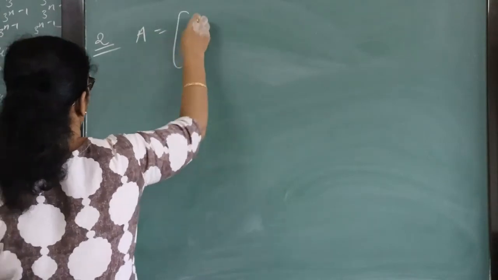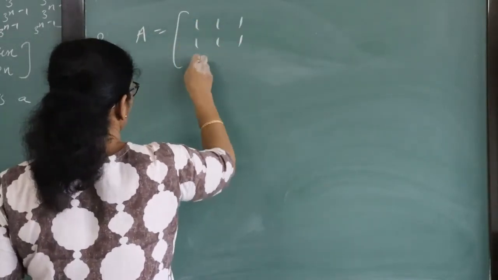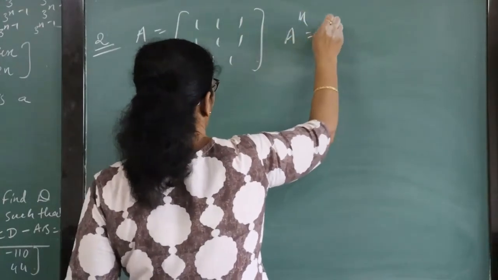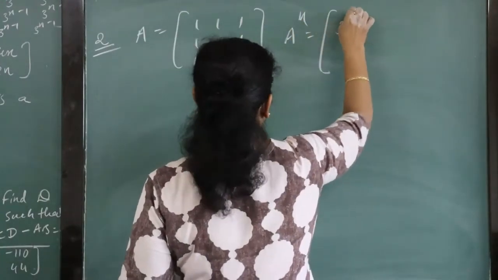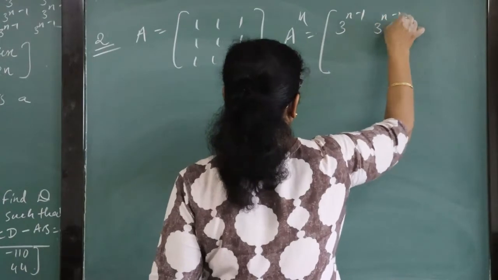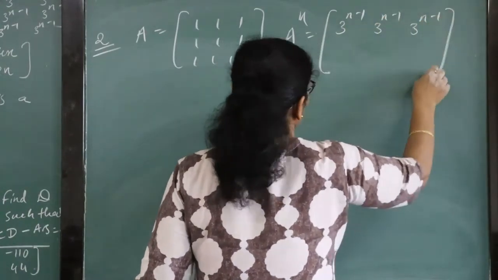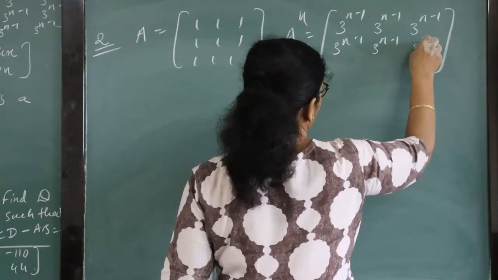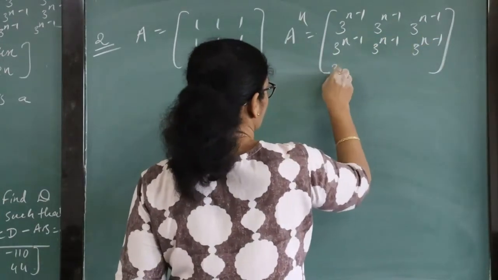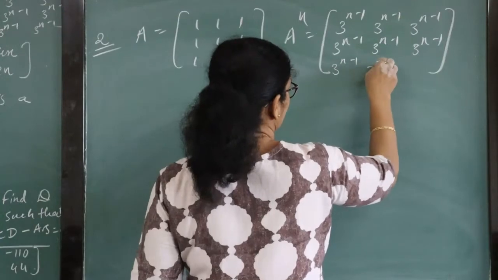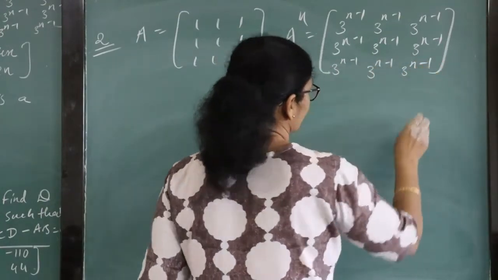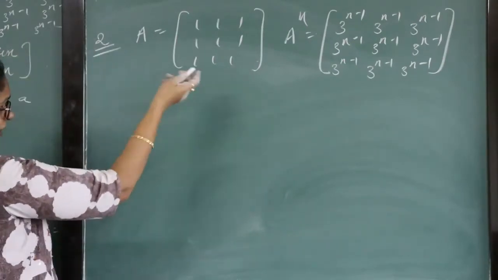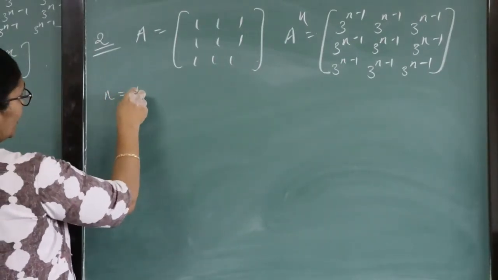Matrix A is given 1, 1, 1, all three rows, and power of n, A raised to n is given 3 raised to n minus 1. Now A is given, we have to definitely prove by mathematical induction.